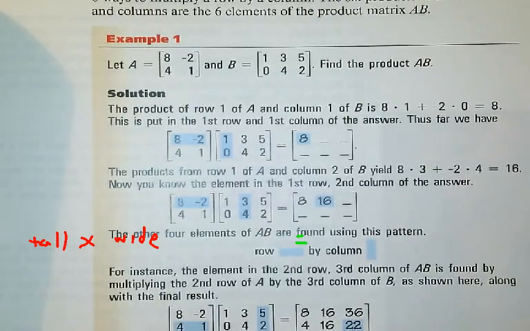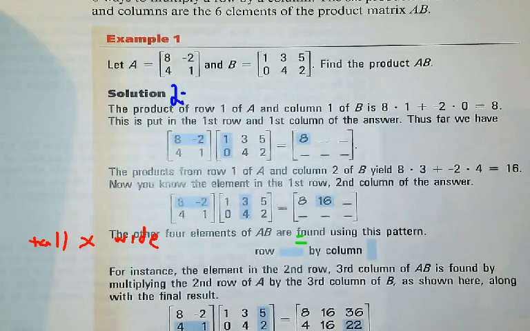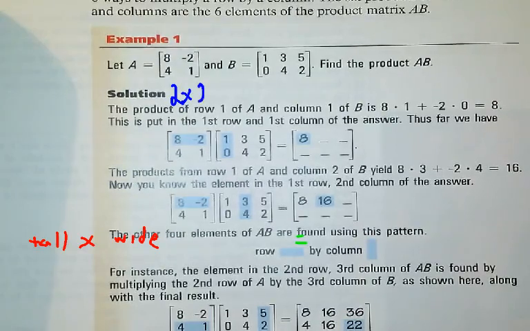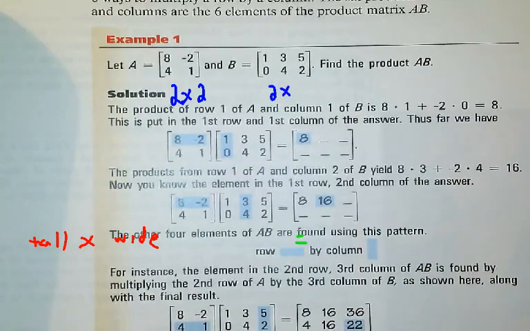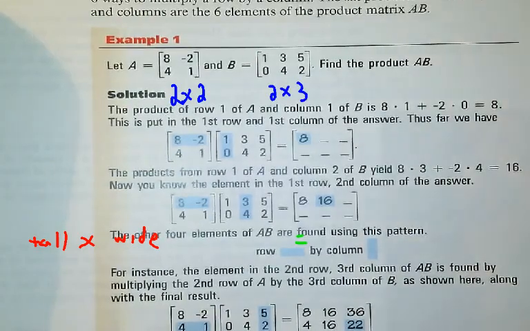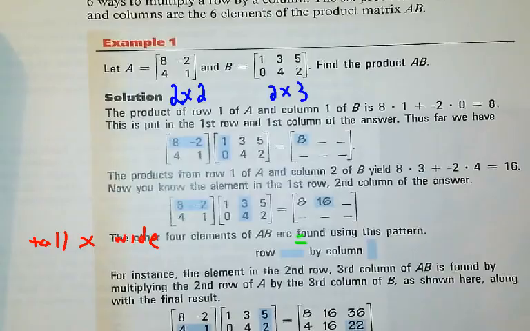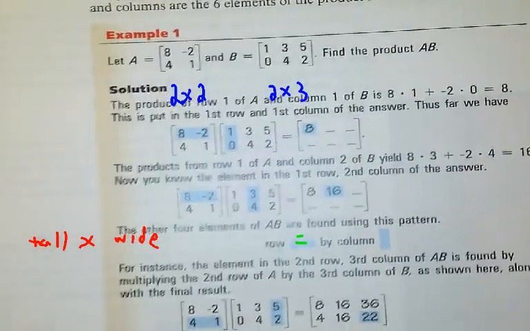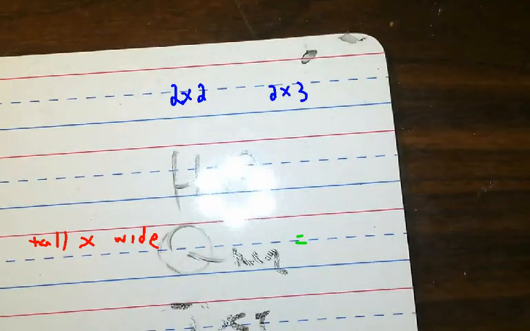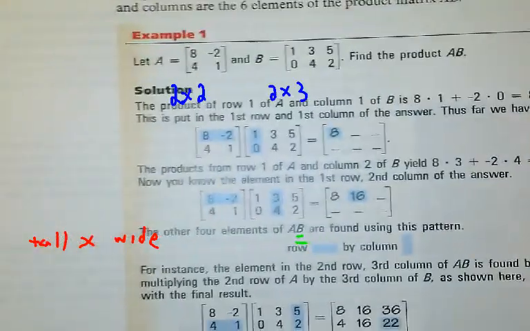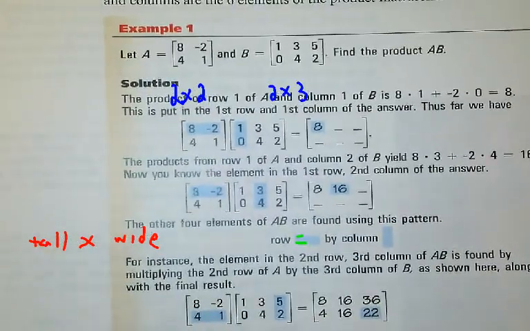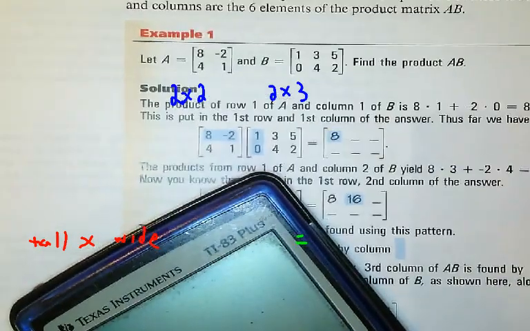That's what I should do. So this is a 2 by 2 matrix. And this one is a 2 by 3 matrix. Okay, so we are going to use our calculators right now to solve this problem. Whoops, I need the problem. That's silly. All right, I need the problem and I need the calculator.